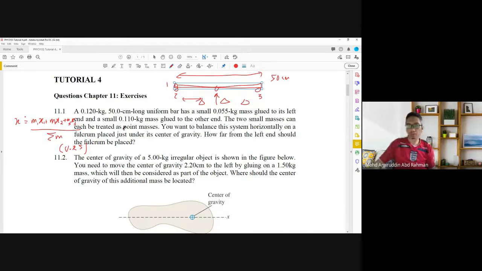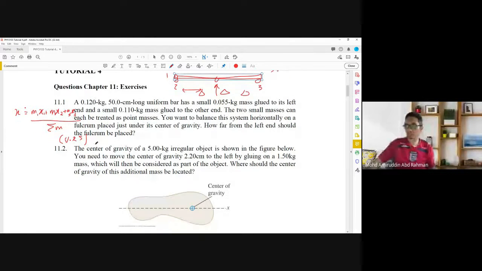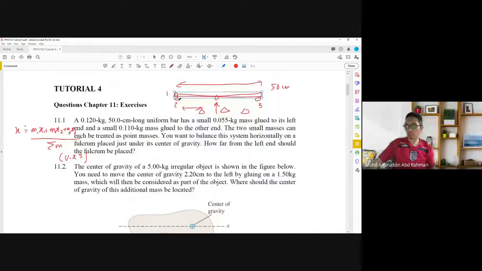But I'm going to simplify here, so I just take the coordinate from X.